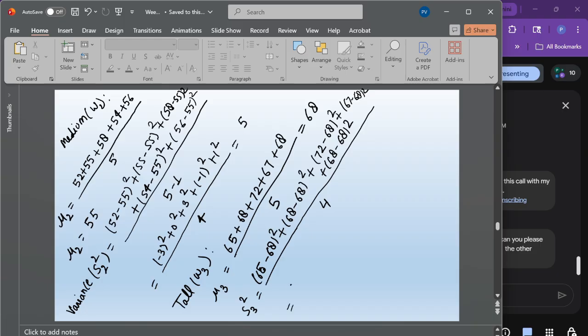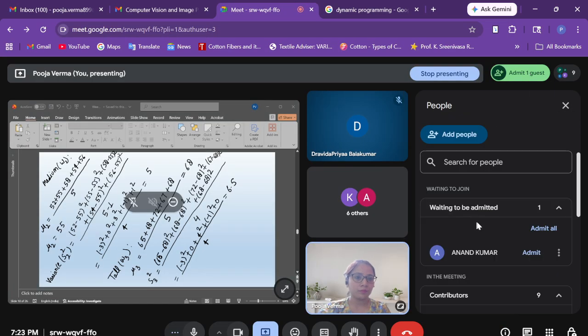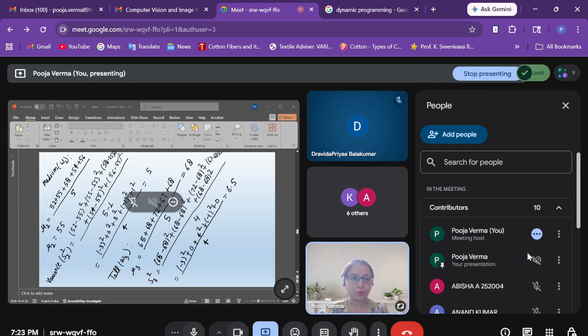So again you will get minus 3 square plus 0 plus 4 square plus minus 1 square plus 0, by 4. If you add it and divide, you will get the variance 6.5.